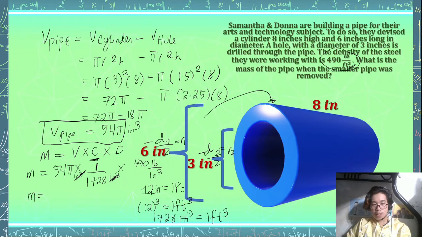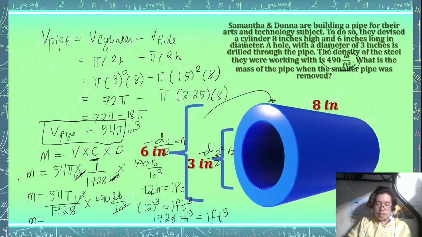And therefore, the mass is going to be 54 pi over 1,728 times 490 pounds per cubic inches. So that's also going to cancel out for this one. So therefore, the mass is going to be 54 pi over 1,728, and then multiplied by 490.